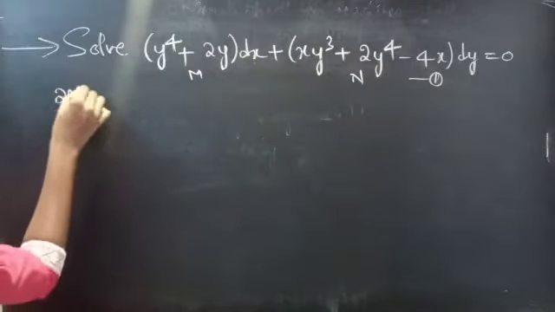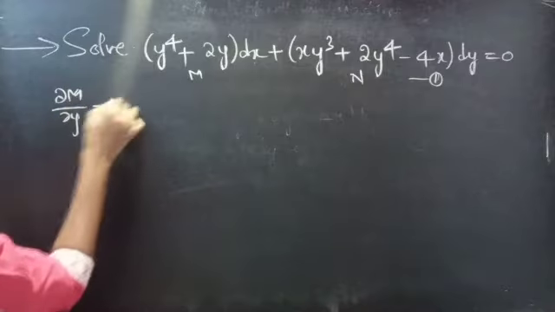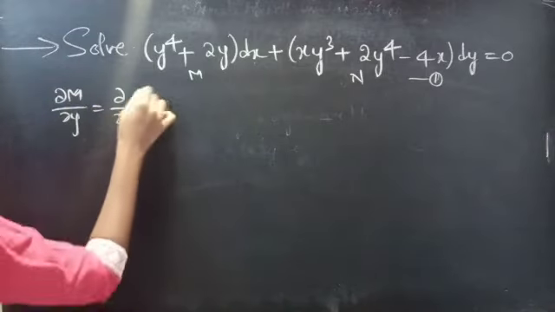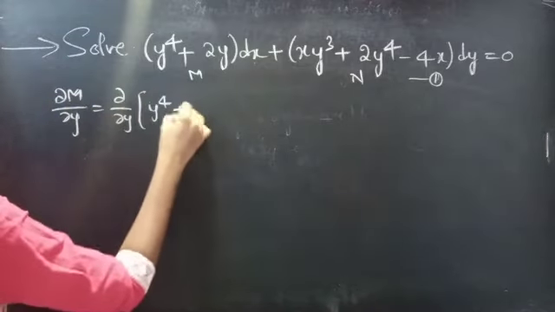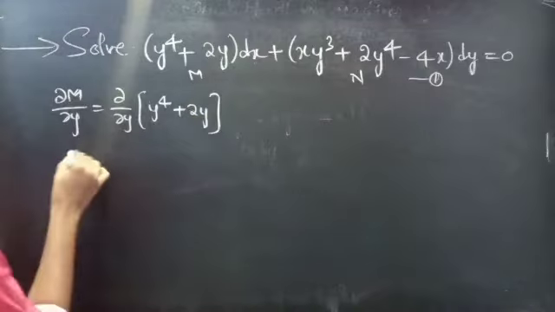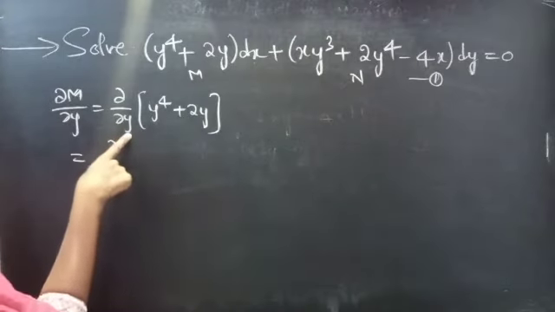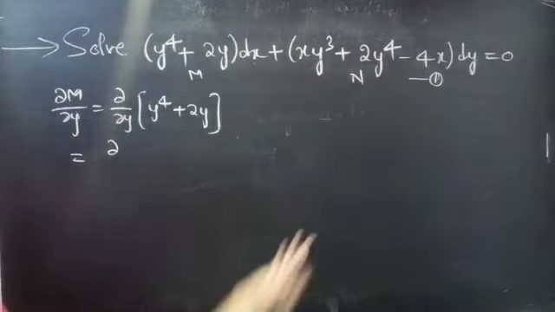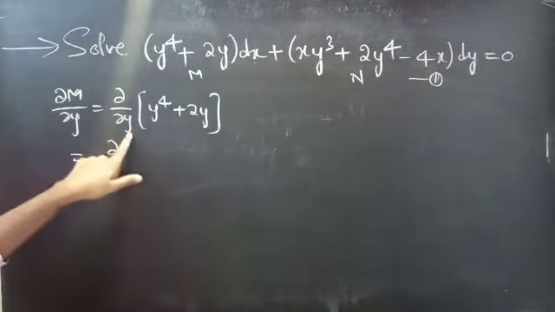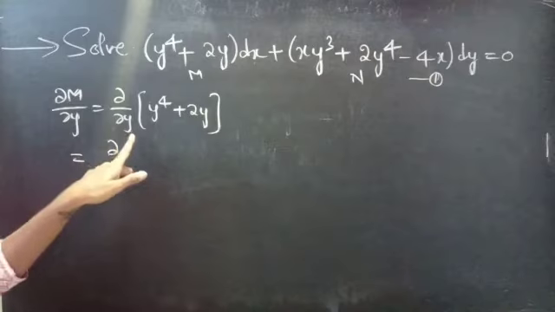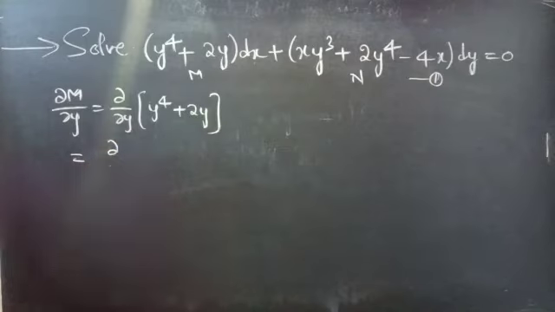Partial derivative of M with respect to y is equal to ∂/∂y of (y^4 + 2y). Since we are doing partial derivative with respect to y, x will be treated as constant.